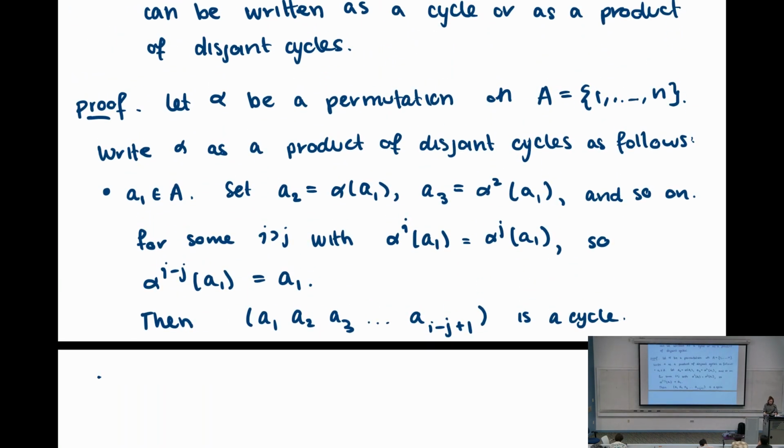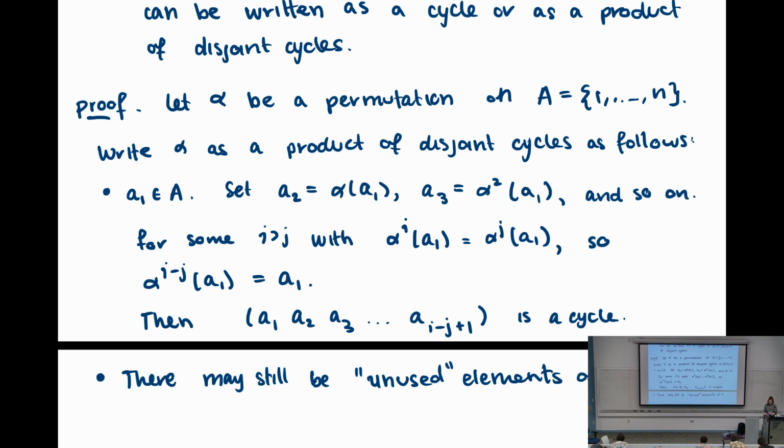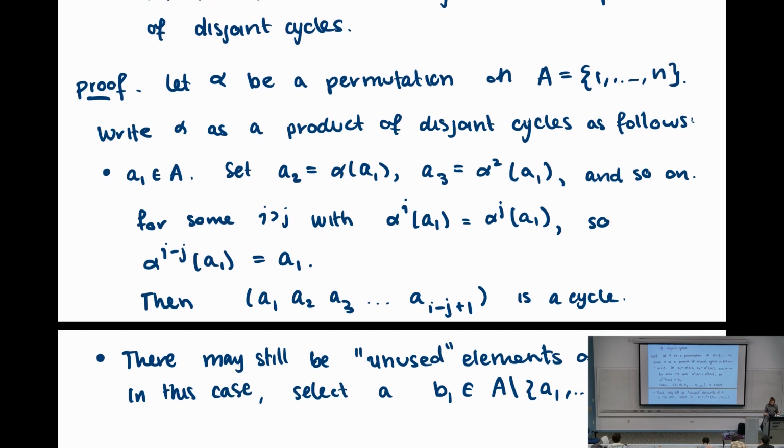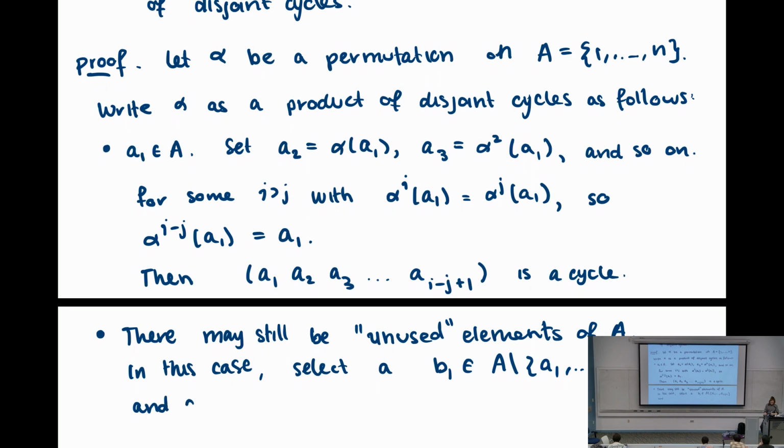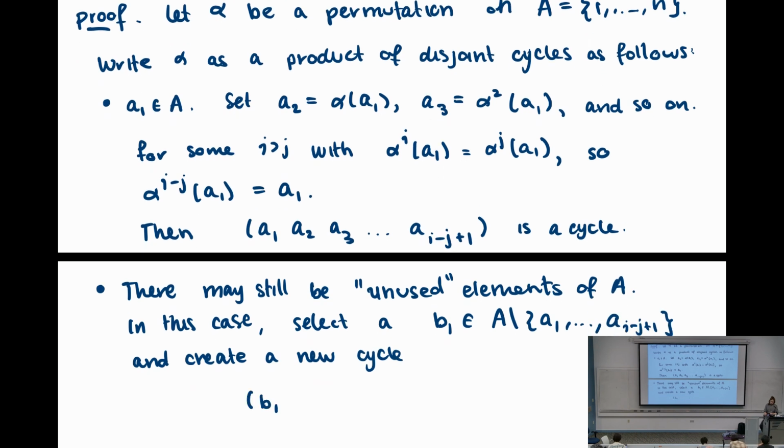As our second step in writing alpha as a product of disjoint cycles, there may still be unused elements of A. So in this case, we would select a B1 from the set A, taking away all of the A's, and then create a new cycle, which would look something like B1, B2, and so on up to B sub k.